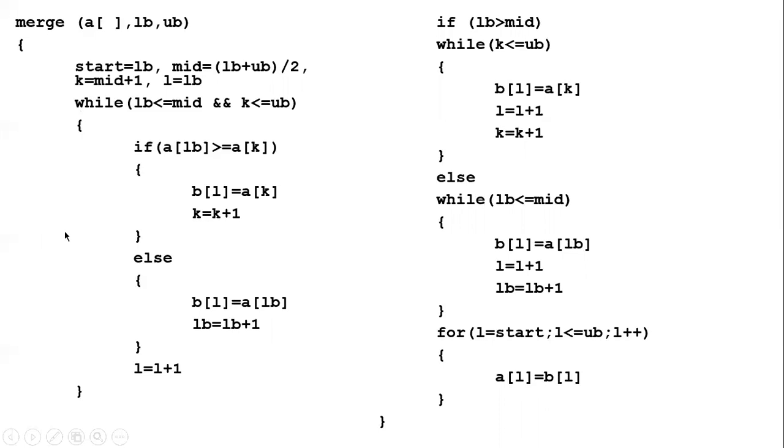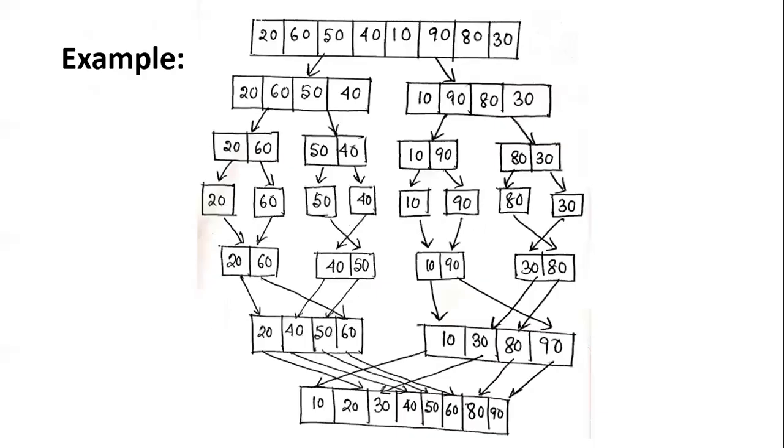It may happen that in the first subarray, all the data have got copied here, and in the second subarray, some pending data are there. Or it may happen that from the second subarray, all the data have been copied, but from the first subarray, there are some pending data. So see, this is one subarray, this is another subarray.